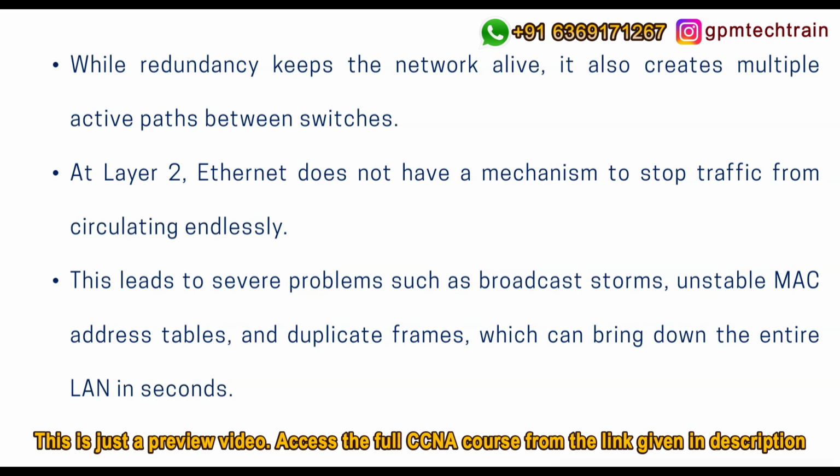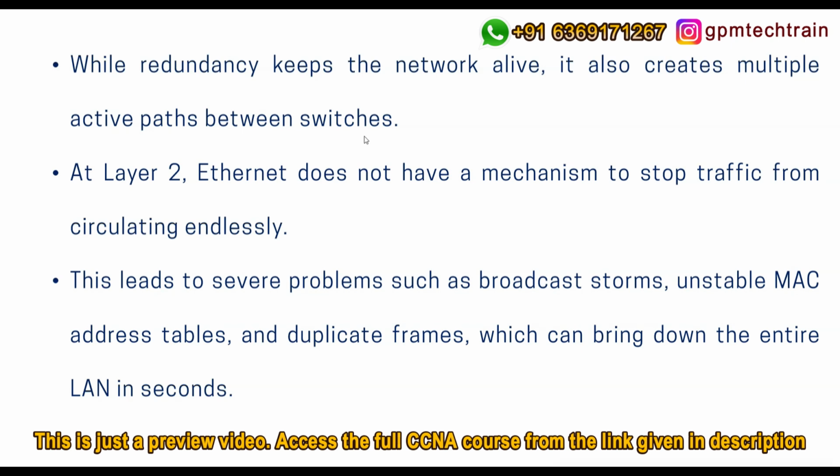While redundancy keeps the network alive, it also creates multiple active paths between switches. This is a problem because you cannot have two active links between two switches, or, at the same time, for an L2 network you cannot have a closed loop.